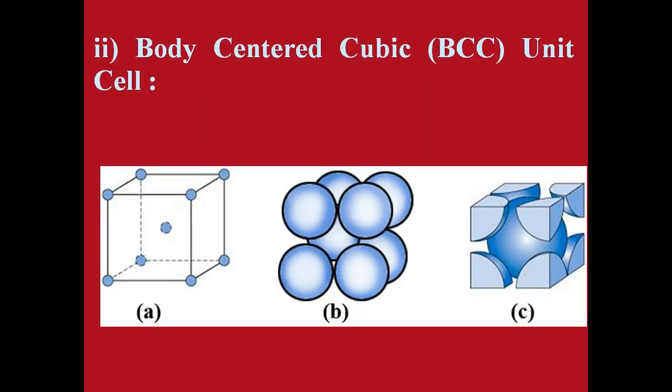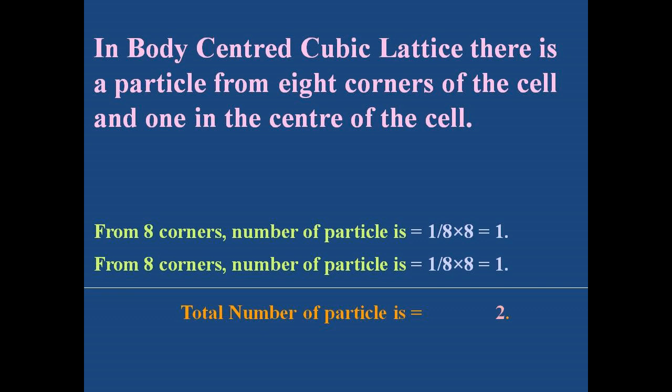Secondly, the body-centered cubic cell or BCC. In the picture, A is called open structure, B is called space filling structure and C is the actual positions of particles in the unit cell. In a body-centered cubic lattice, there is a particle at each of the 8 corners of the cell and one in the center of the cell.